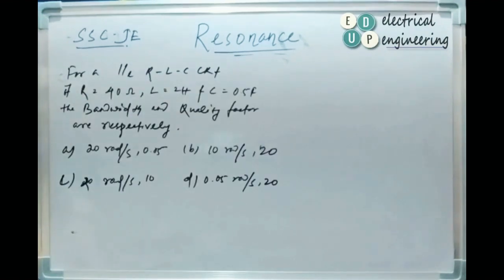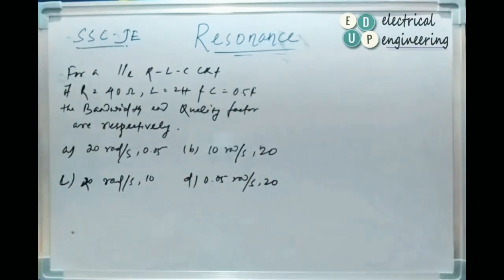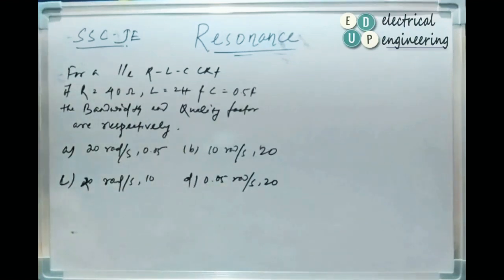In this question, for a parallel RLC circuit, if R equals 40 ohm, L equals 2 Henry, C equals 0.5 farad, the bandwidth and quality factor are respectively: A 20 radian per second, 0.05; B 10 radian per second, 20; C 10, 0.05; D 0.05 radian per second, 20. I am going to write 3 formulas here.